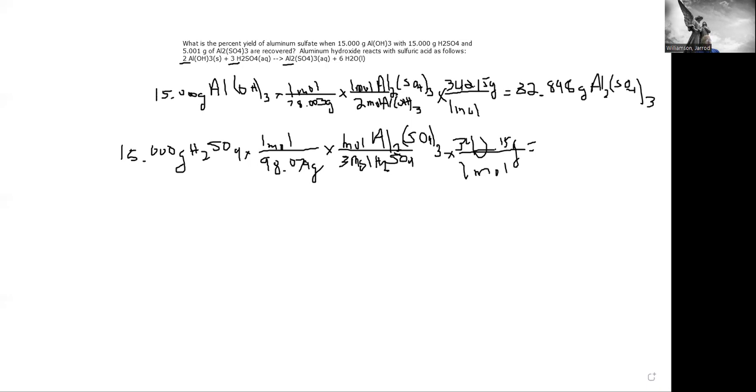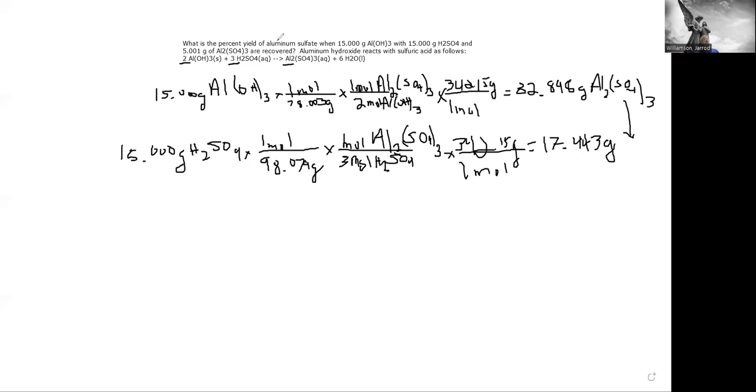I got 17.44. Let me double check one more time. 15 divided by 98.079 divided by 3 times 342.15. And that gives me here 17.443 grams of the same stuff.